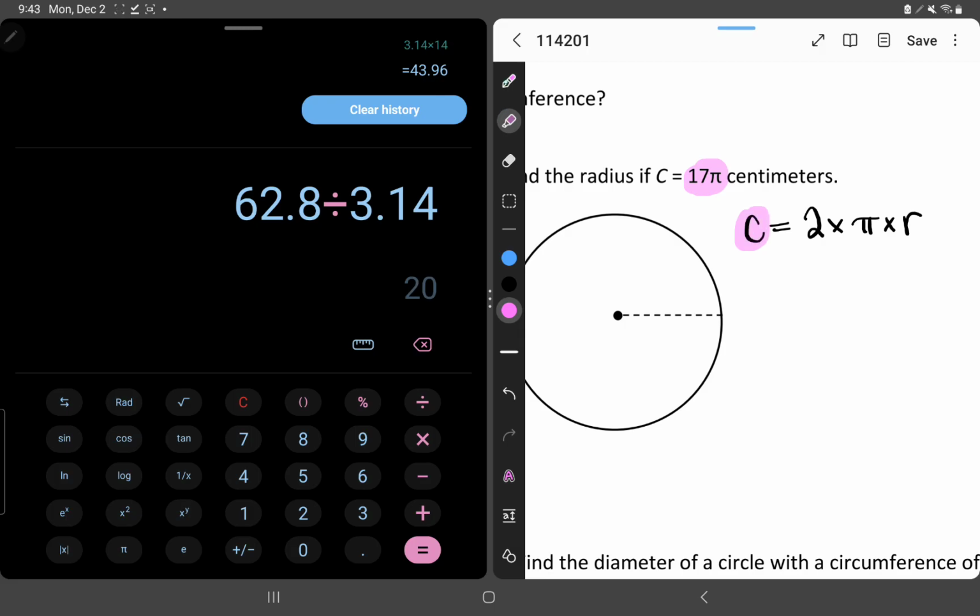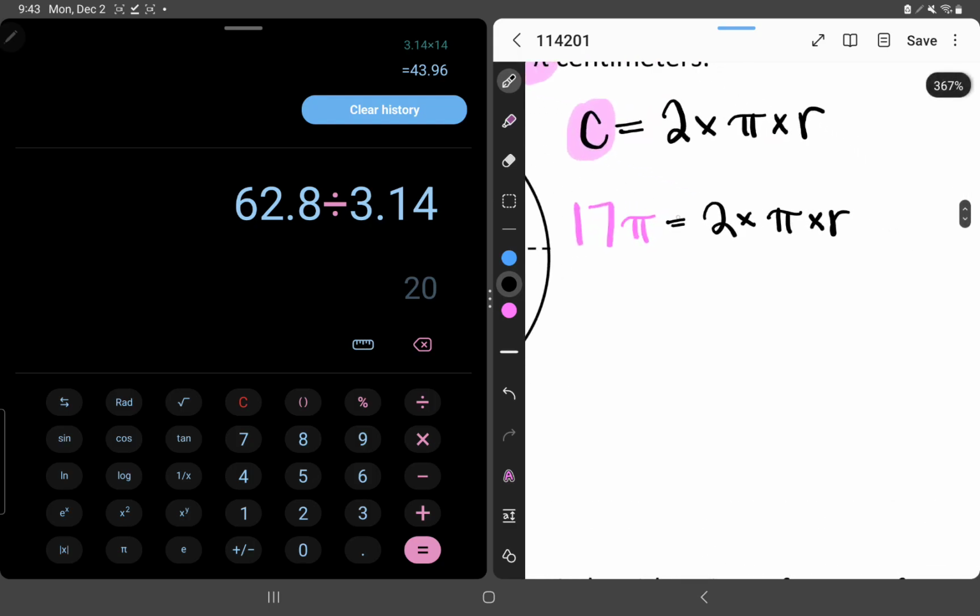So where C is, I'm going to put 17 pi. Then we have equals 2 times pi times radius. This is an equation. Now, I know your first instinct is to change pi to 3.14. Don't do that. I'm going to show you why.